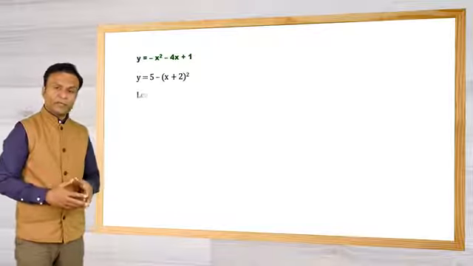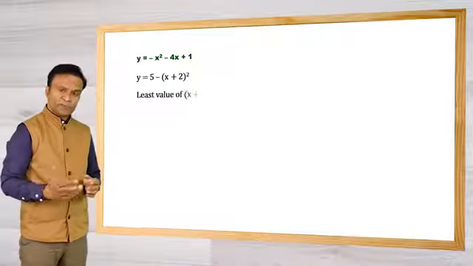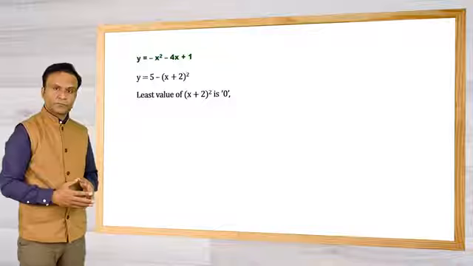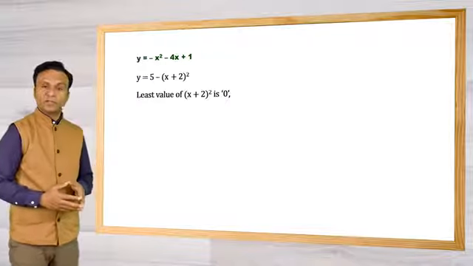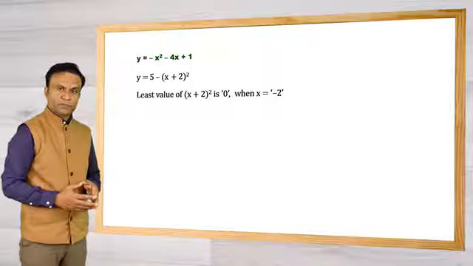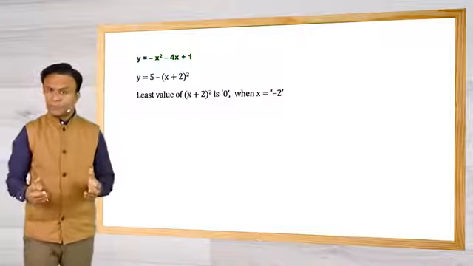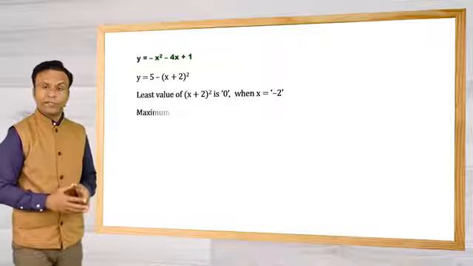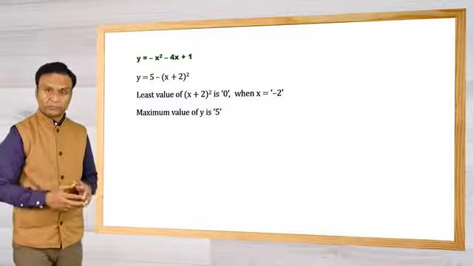Now the least value of (x plus 2) square, which is a perfect square, is 0. This least value occurs when the value of x is minus 2. Now when (x plus 2) square is least, we can say the value of y is maximum.